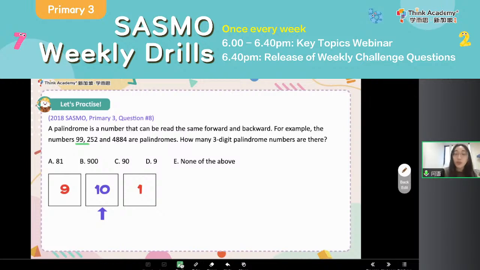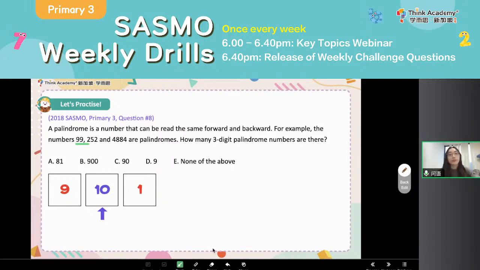But can we put 0 in the middle? Can we get something like 101? Yes, right? So for the tens place, you can put digit 0, digit 1, 2, 3, 4, 5, 6, 7, 8, 9. So altogether, we have 10 choices for the tens digit.